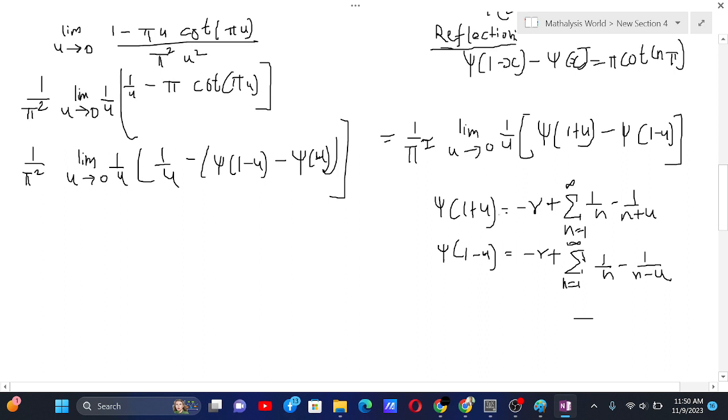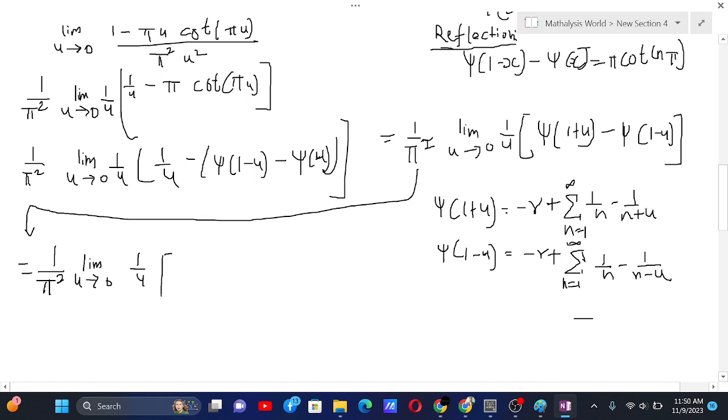Now if we subtract these two, we will get 1 by pi square, limit u tends to 0, 1 by u, and then we will have summation from n equals 1 to infinity 1 by n plus u minus 1 by n plus u. Alright, this is the thing we'll get.